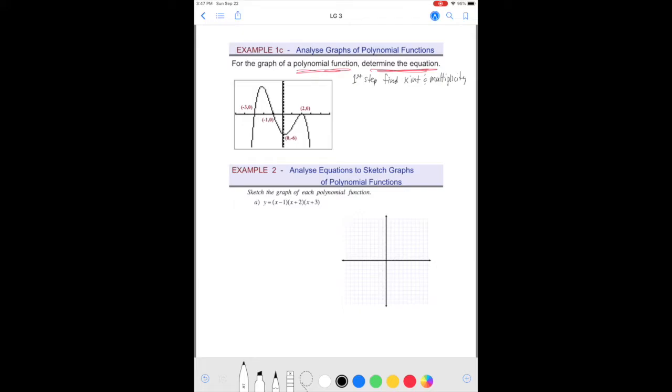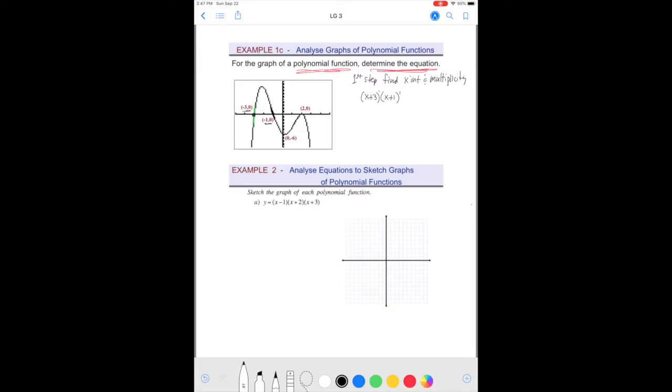Okay, so let's look right here. This one's going straight through, so we know at that point it's a multiplicity 1. So I can write x plus 3, multiplicity 1. It's going through again right here at negative 1, and it's a multiplicity 1, so I can write x plus 1, multiplicity 1.